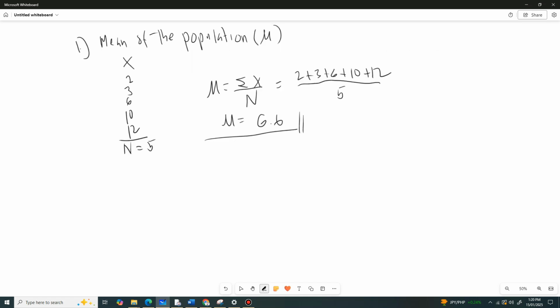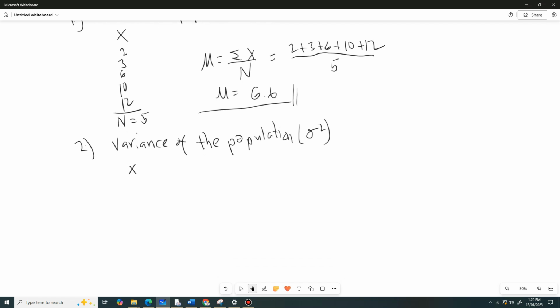Next, we will solve for the variance of the population, or the population variance. Again, we will do a column for x: 2, 3, 6, 10, and 12. Now we will do another column called x squared.